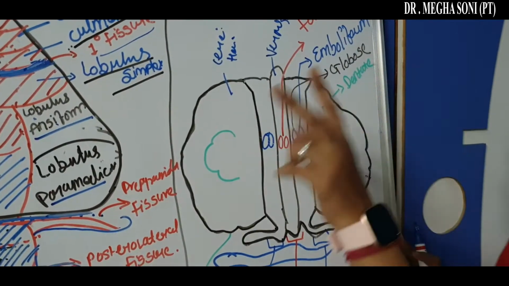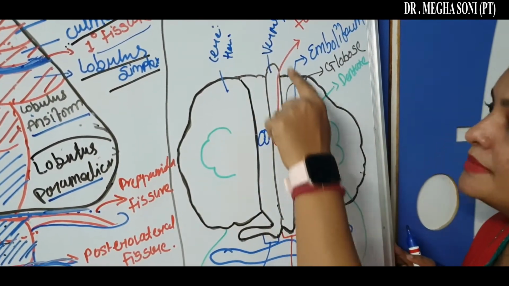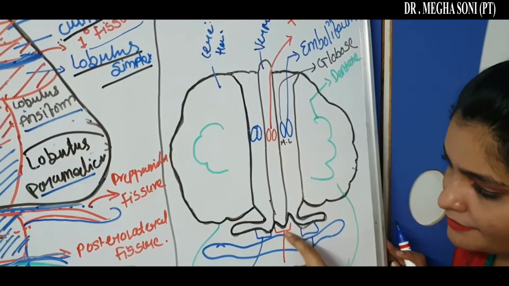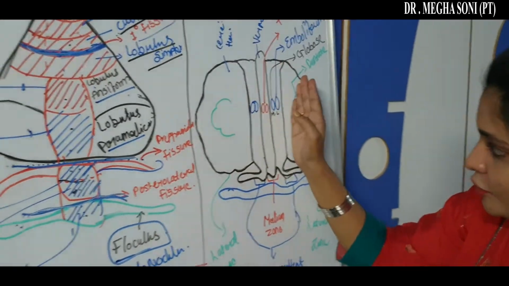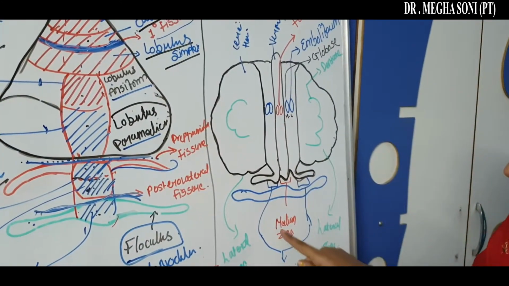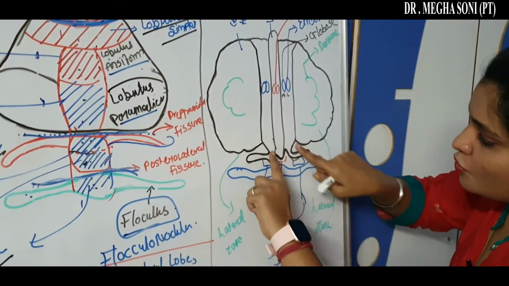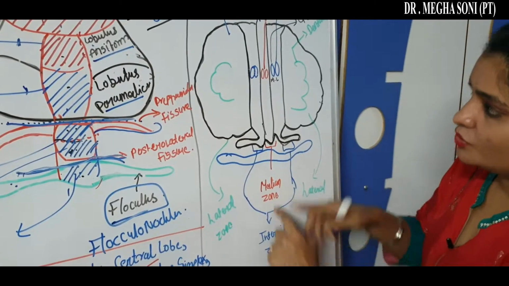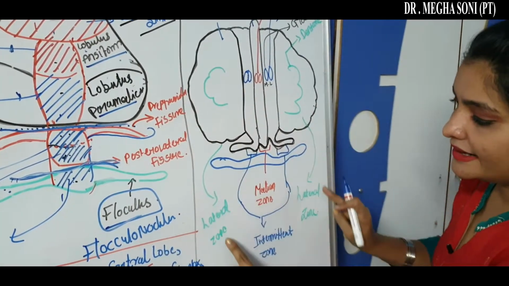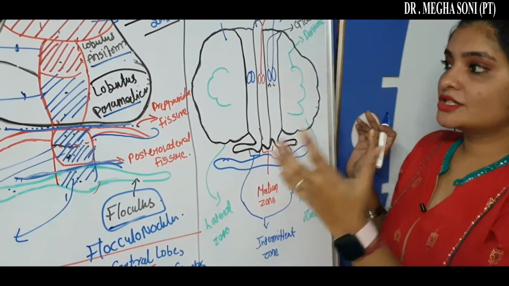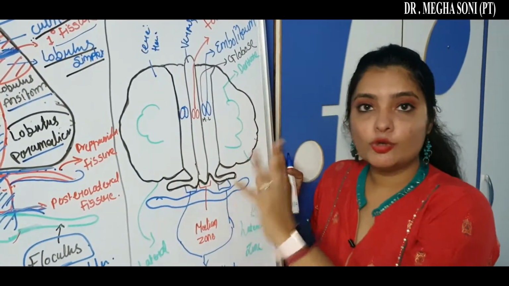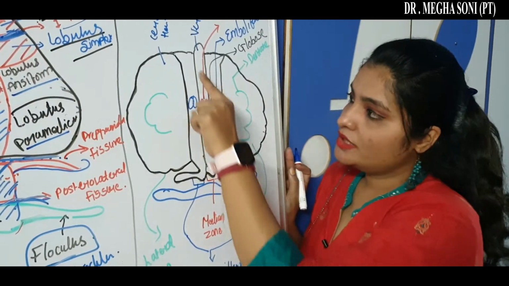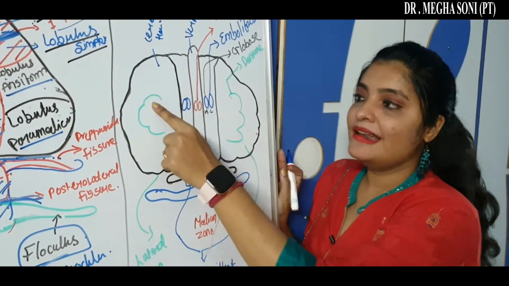Let's assume this vermis is the median zone. Just peripheral to it, we call the intermediate zone. These two are the intermediate zone, and the remaining portion we call the lateral zone. So the cerebellar hemisphere divides into three zones: median zone, intermediate zone and lateral zone.